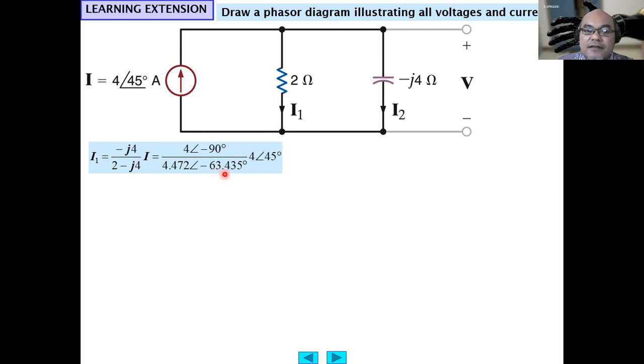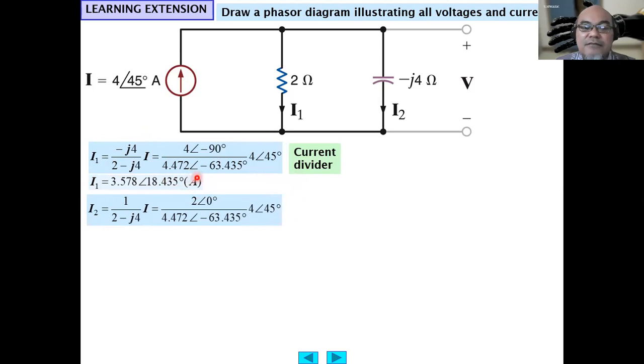So by this, it is easy to calculate the I1 magnitude: 4 times 4 divided by this, and the phase angle will be minus 63.435 plus 45 degrees. Then we obtain 3.578 with a phase angle of 18.435 degrees.